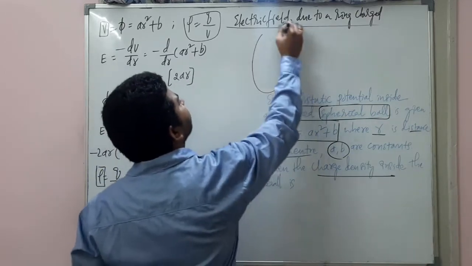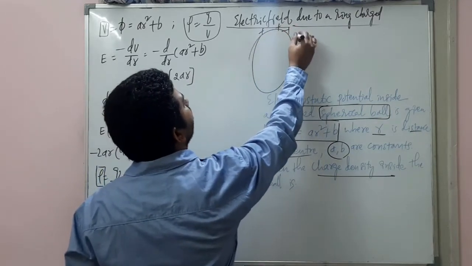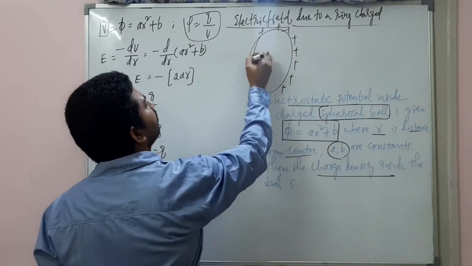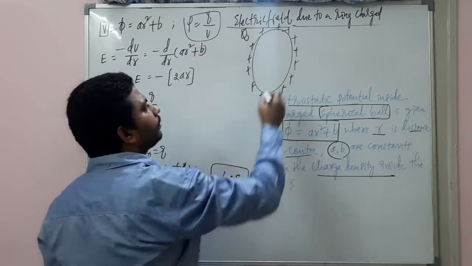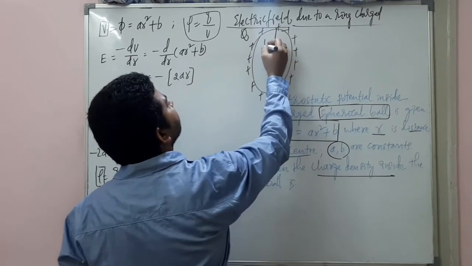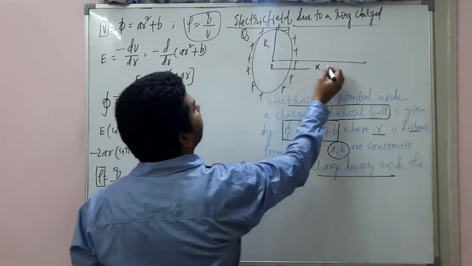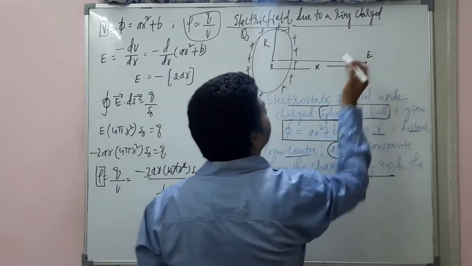So look at this. This is the ring we have, a charged ring of charge Q, and its radius is R. At a distance x, we are going to find the electric field.